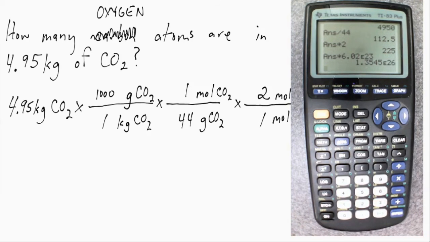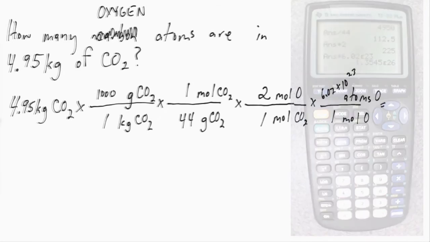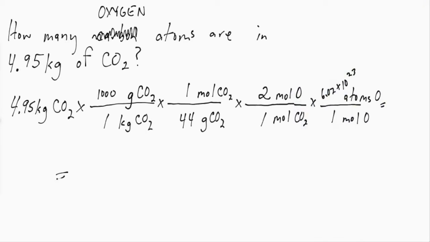And the answer that we get, and we're going to want to have 2 significant figures, is going to be 1.4 times 10 to the 26. So that equals 1.4 times 10 to the 26. Do you know what the unit's going to be? Right, what we're left with here. Atoms of oxygen.